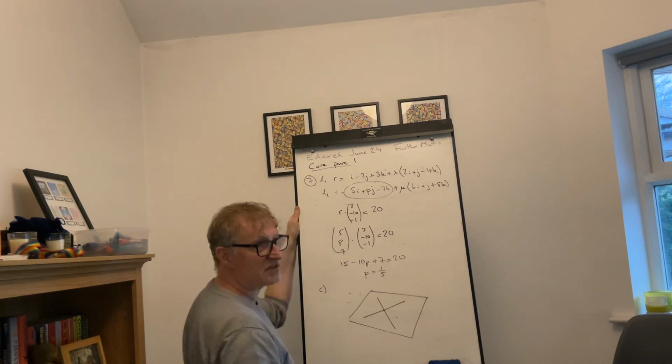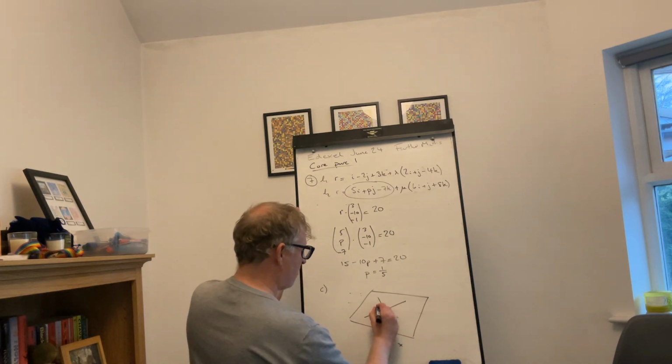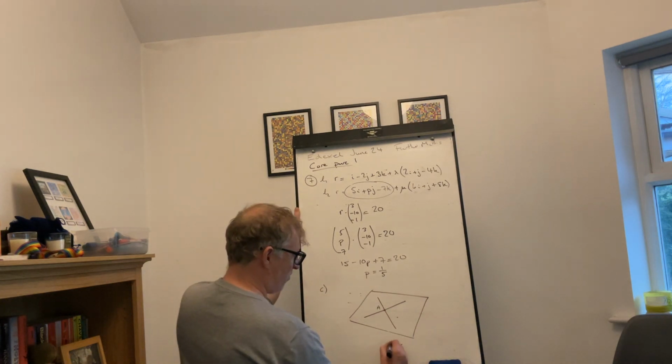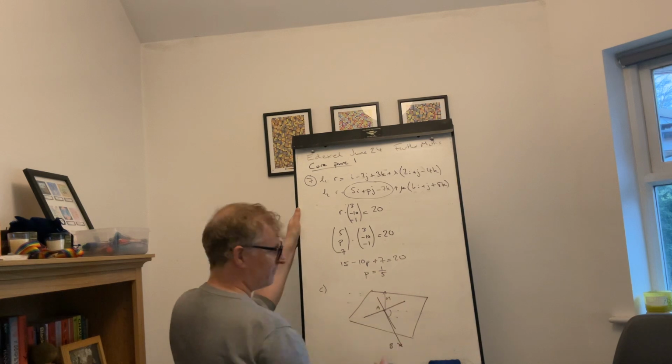We are going to have a point B somewhere down here. So that's the point A where they meet. Here's our point B here. We want to find the angle between the plane and AB. And what we do is we find the angle between the plane and the normal instead.